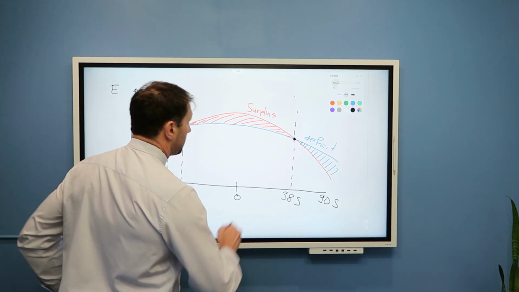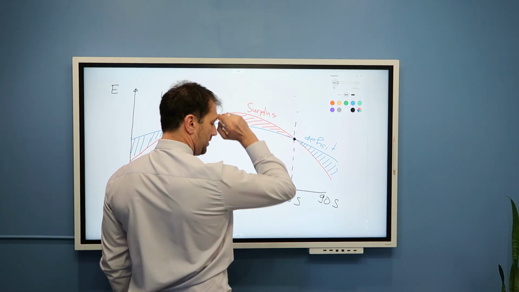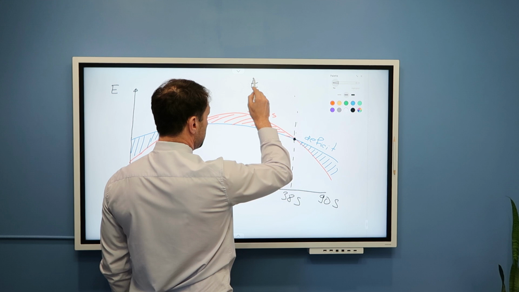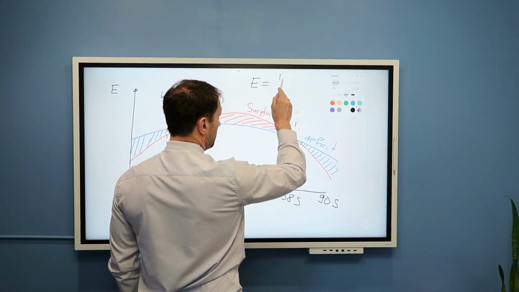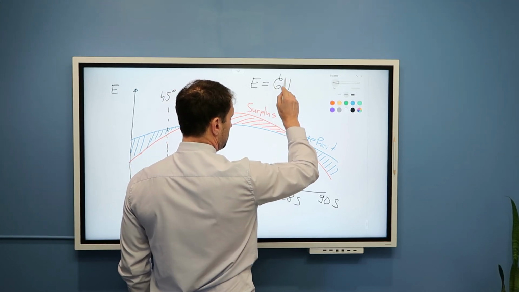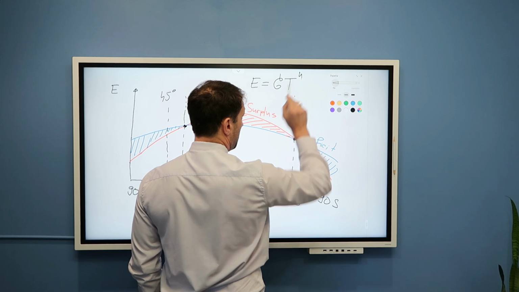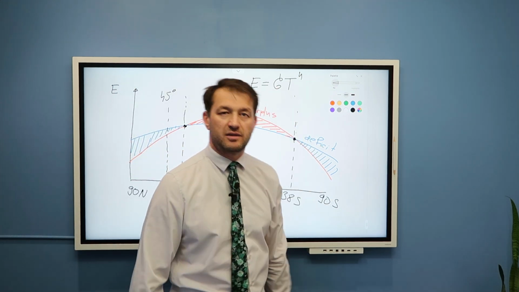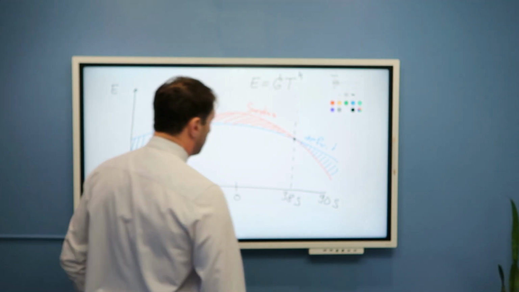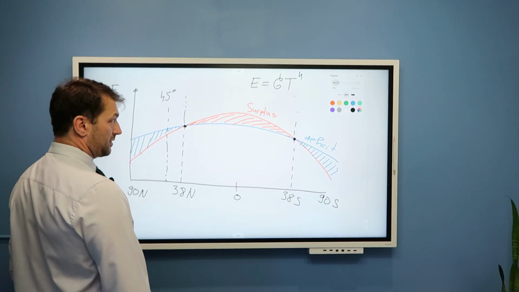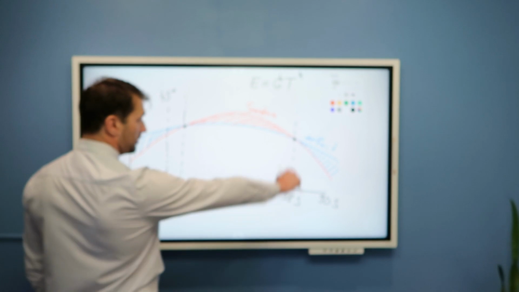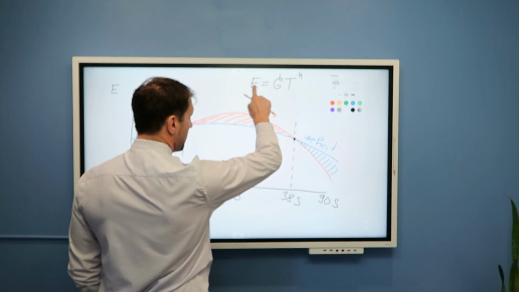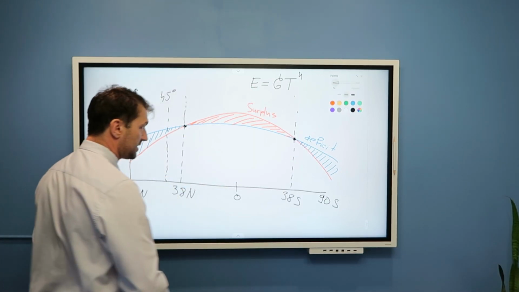You know that Stefan-Boltzmann's law goes that energy radiated is equal to the Stefan-Boltzmann constant times temperature to power 4. The Stefan-Boltzmann constant is 5.67 times 10 to negative 8 watt per square meter per Kelvin to power 4. So if the temperature is high, energy that is emitted is high.